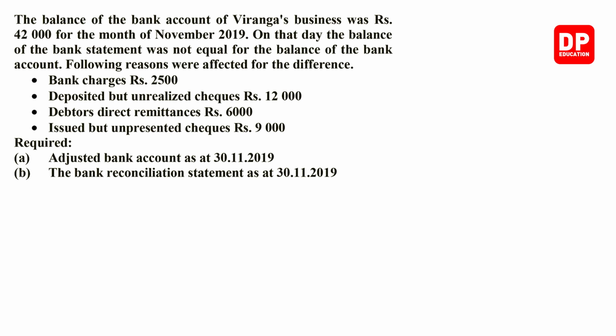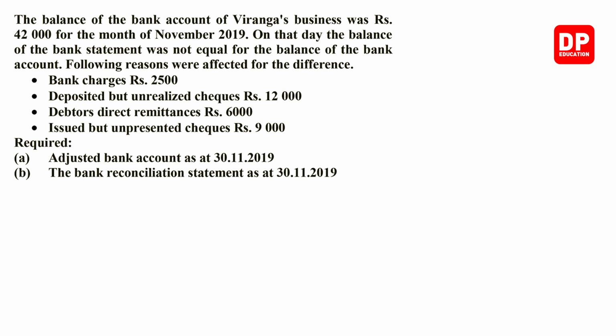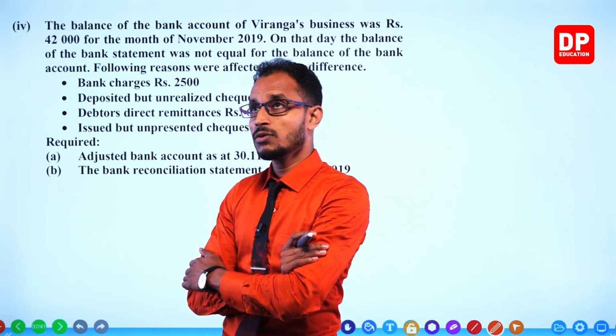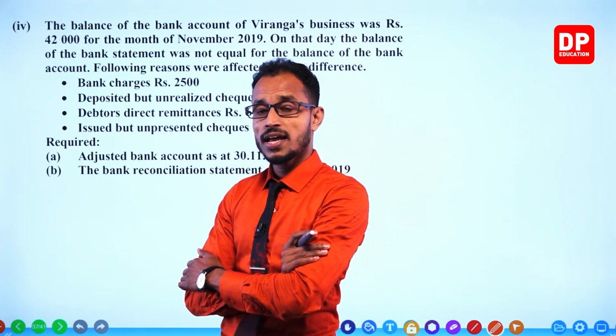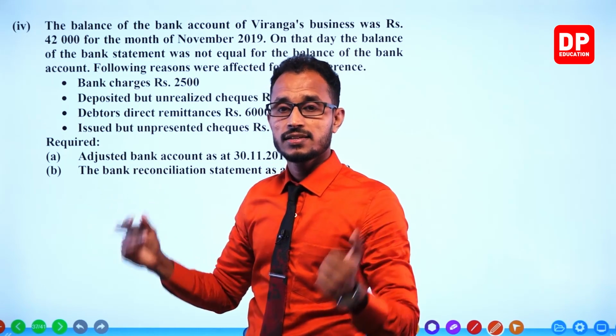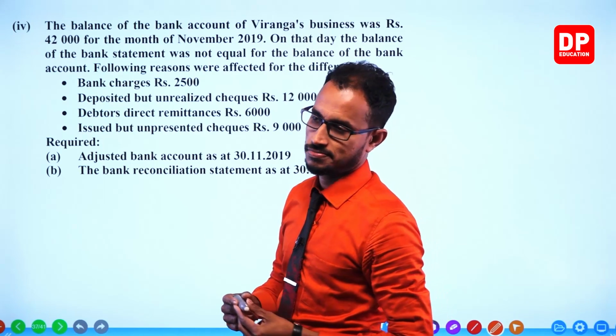Oh, it's a bank reconciliation. Just like the correction of errors questions, when you see the balance of someone's bank account was this much and the bank statement had a different balance, you know that these kinds of questions are coming from bank reconciliation.